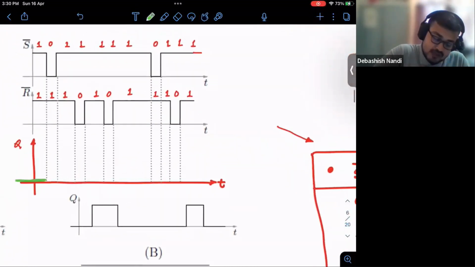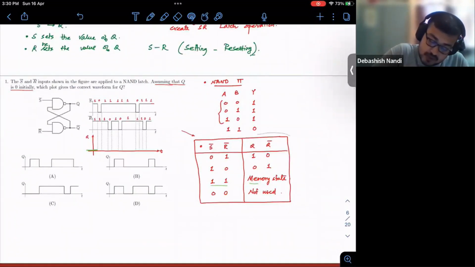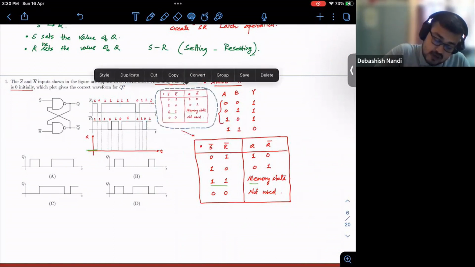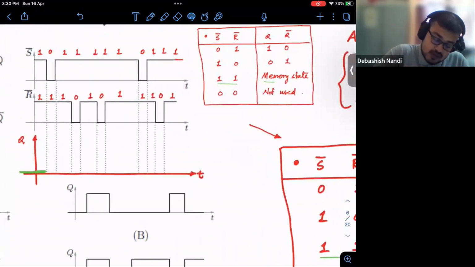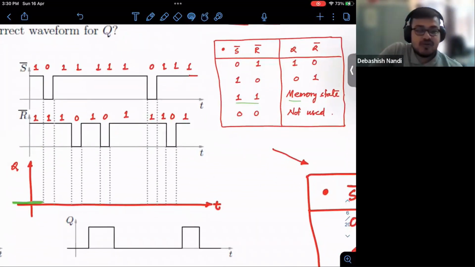Let me zoom it up, or let me just do one thing. Let me copy it and paste it here. So now you can see that till this point, it will store the previous state because both inputs are 1.